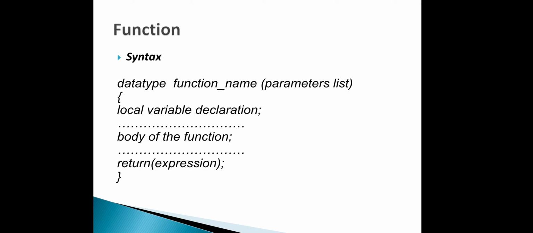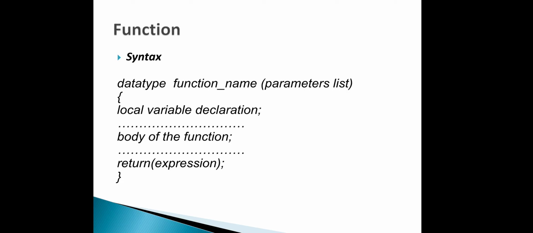In this syntax, the first statement is the function header. Here the first is the data type, second is the function name, and third is the parameters. With the data type, we can define the type of data. It can be integer, float, character, double, or void.